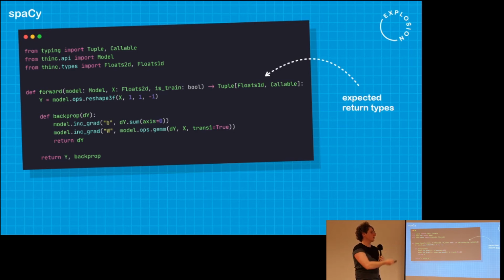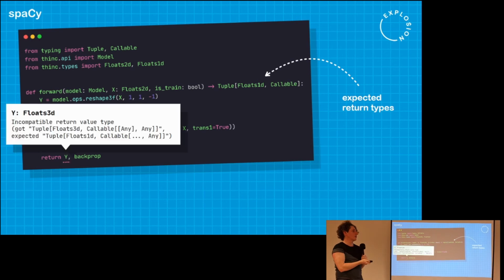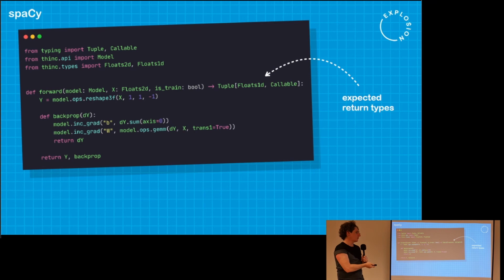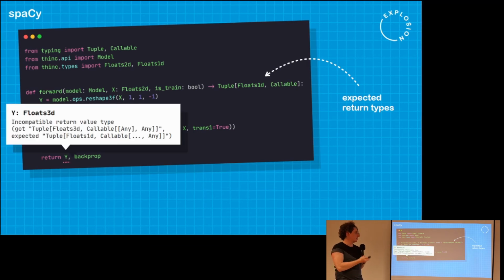The function here is annotated with the return types, and if we get this wrong, so here, for instance, our function annotation expects a Floats1d, but we're returning something of the wrong shape. So here it knows from this reshape that it's reshaped to 3 dimensions, not 1. Then we'll get this sort of error. So it says incompatible return type.